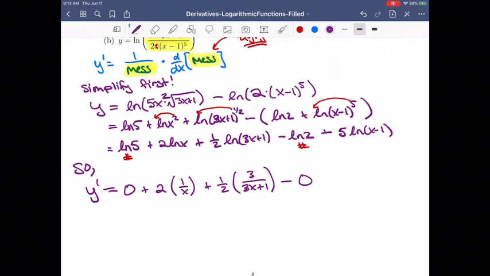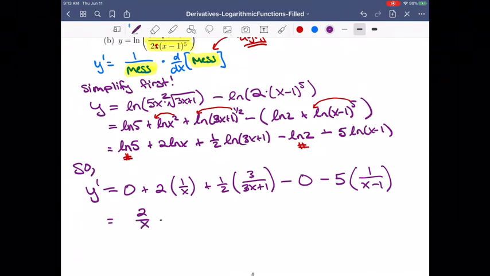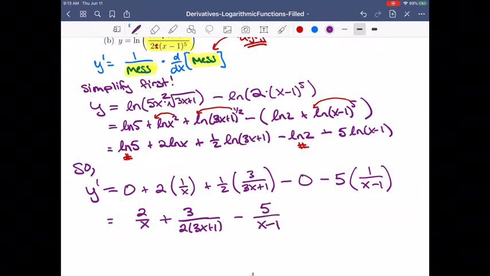Ln of 2 is 0. And ln of x minus 1 is going to be 1 over x minus 1. So this is actually 2 over x plus 3 over 2 times 3x plus 1 minus 5 over x minus 1. Okay, this is how we could leave our derivative.